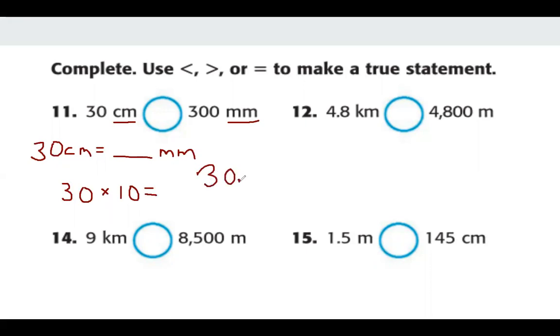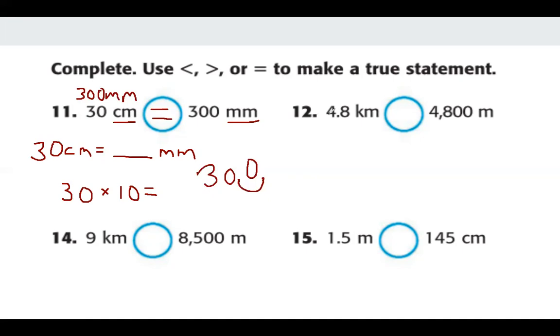If I multiply, it's going to make the number bigger, and by 10, I move it over 1 spot, which would make it 300. So 30 centimeters is the same, boys and girls, as 300 millimeters. That is what I converted it to. Now I can compare it. 300 millimeters to 300 millimeters. In fact, they end up being equal.